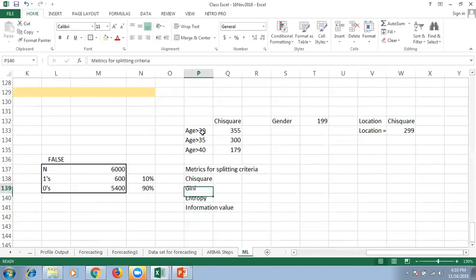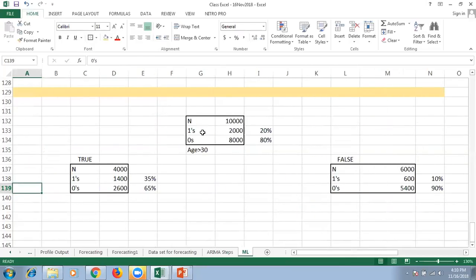These are metrics for classification trees. For regression trees, the splitting criteria is ANOVA, right? So that's how the metrics will be identified. We'll discuss them one by one later, but at this point, at least you should understand how the split takes place.